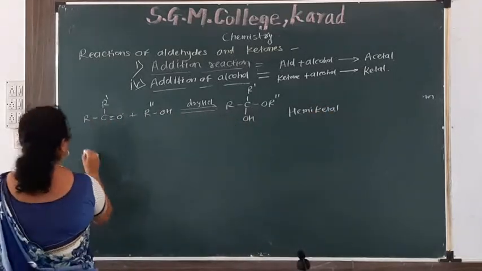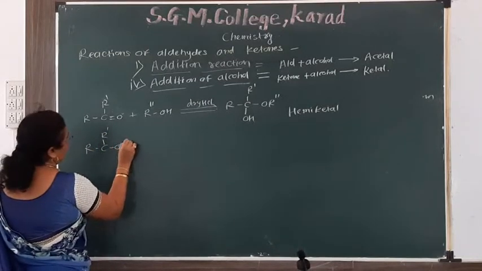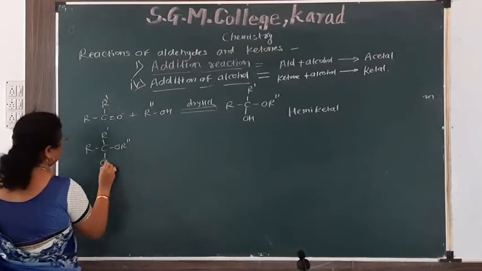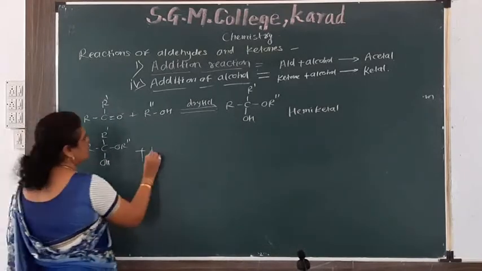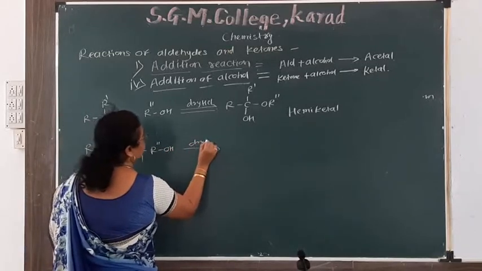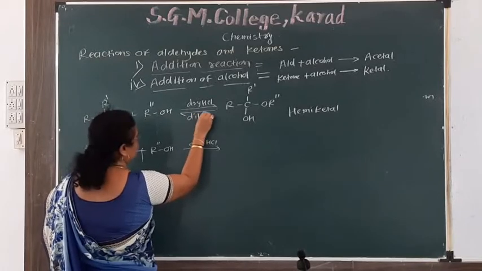Then this hemiketal, that is RCR'(OR'') with OH, again reacts with another molecule of alcohol in presence of dry HCl. This reaction is reversed in presence of dilute HCl.